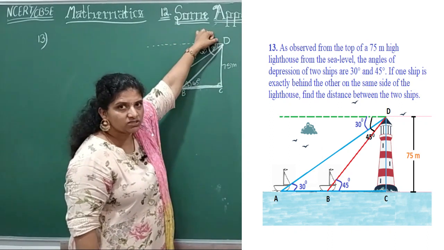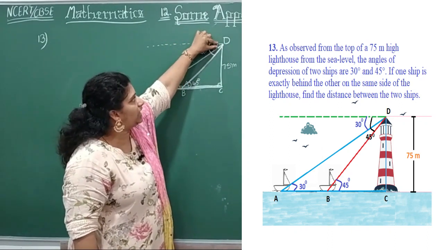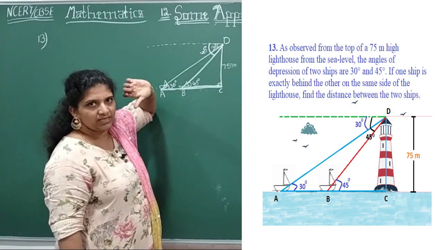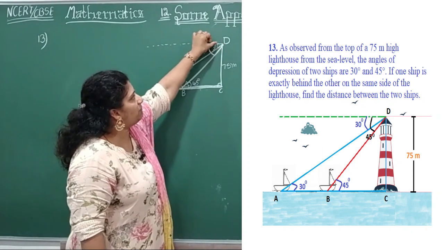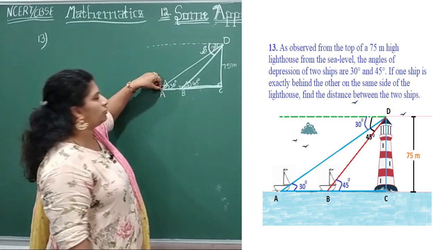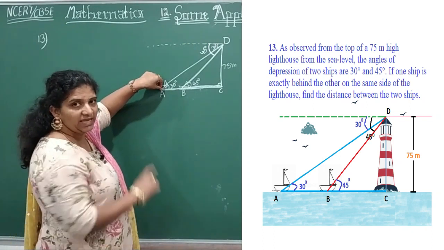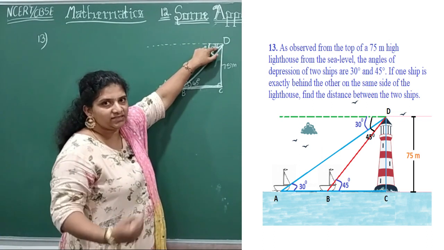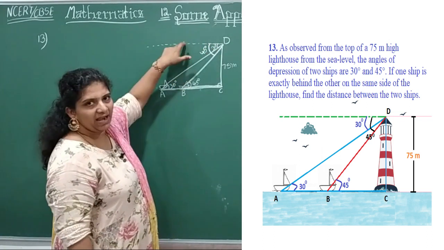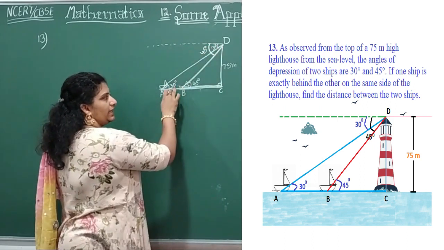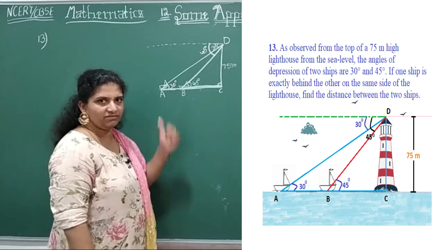From the horizontal line, 30, you have to draw one line of sight. See, this complete is not 30. Only the first line that you draw towards a ship is 30 degrees. So next step, these two are parallel. So what I have changed here, this angle is alternate, this angle 30 degrees I have written here.